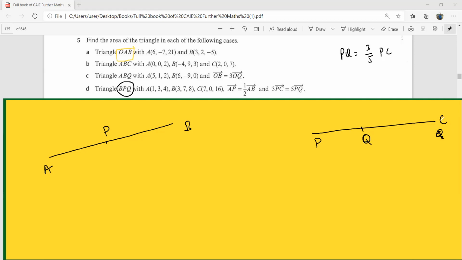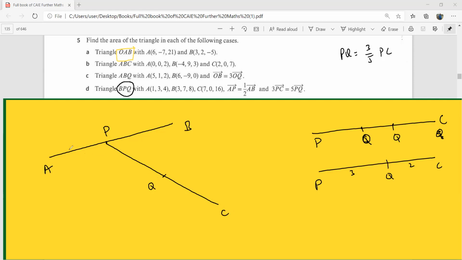This is your P, this is your Q, this is your C. This is 3 parts, this is 2 parts. So PQ is 3 by 5 of this PC. Maybe I can draw it in any direction here. We have to have the triangle BPQ, so let me draw it like this. I have Q here and I have C here.